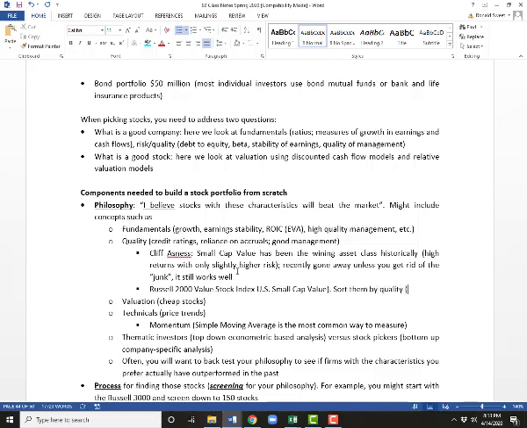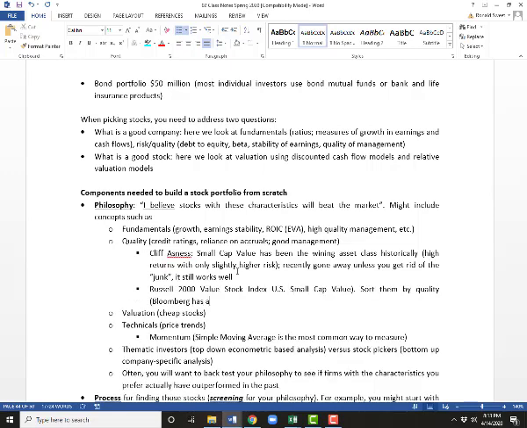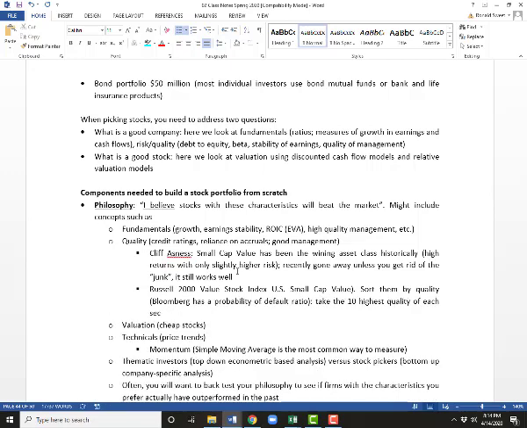Now, how do you do that? Well, Bloomberg has a probability of default ratio. So you could sort them by Bloomberg's probability of default. And you could kick out the bottom 1,000 and keep the top 1,000, or probably would be best is take the 10 highest quality of each sector, something like that, because there's 11, 12 sectors, then that's 120 stocks.